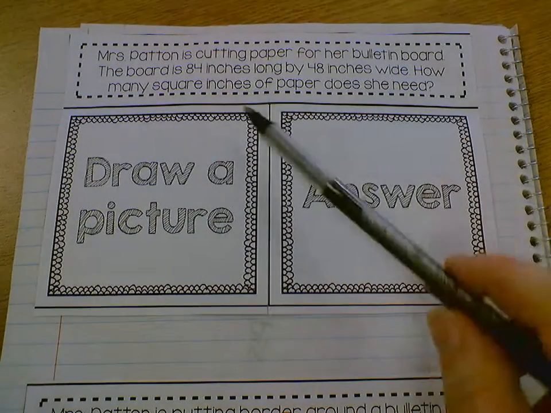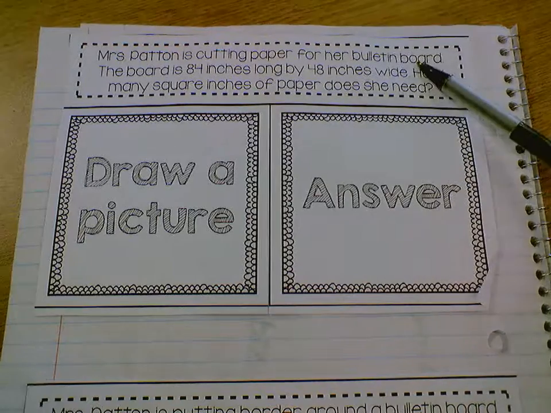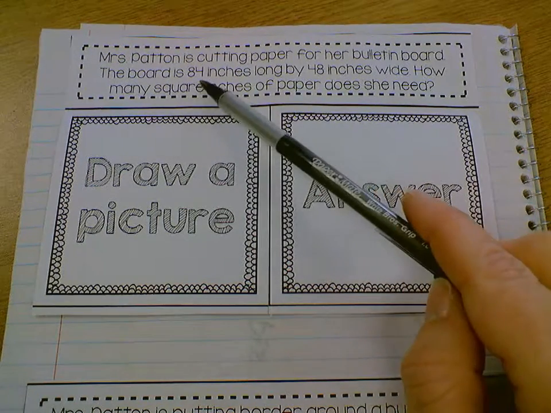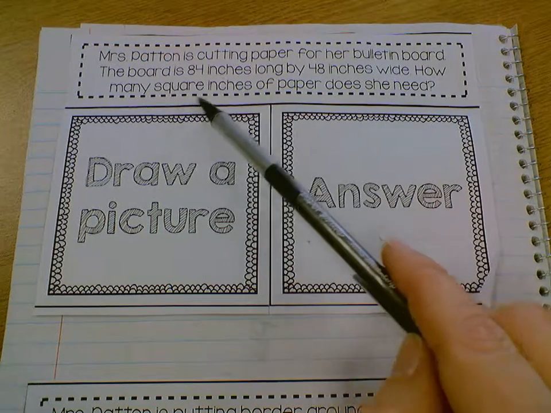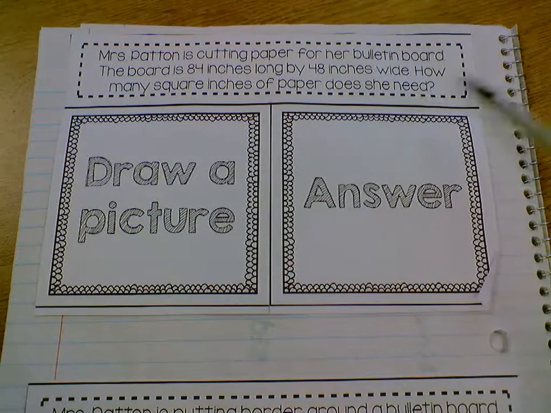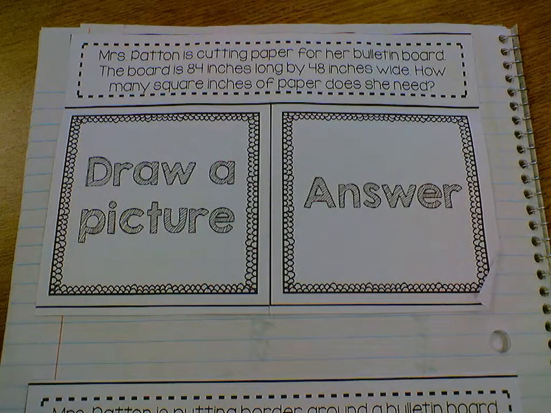Okay. Mrs. Patton is cutting paper for her bulletin board. The board is 84 inches long by 48 inches wide. How many square inches of paper does she need? So since this is a word problem that goes with area and perimeter, there are some key words. So I'm going to circle and underline, as you should as well, what is important.